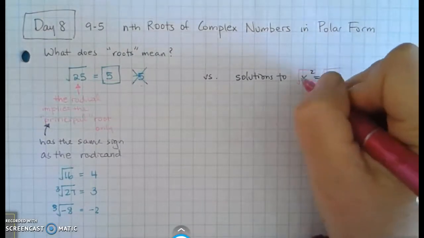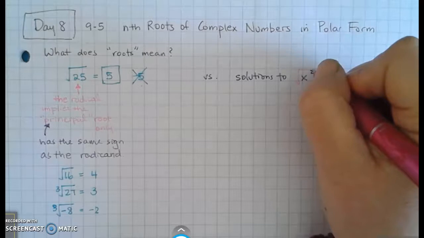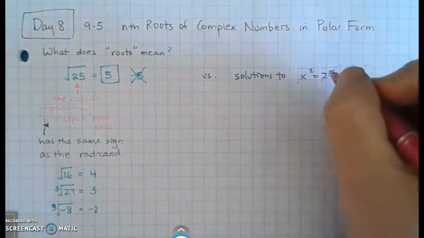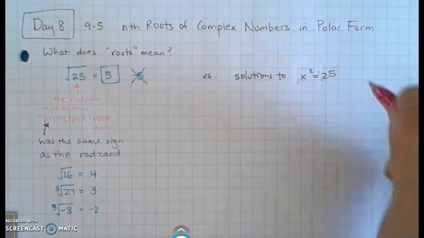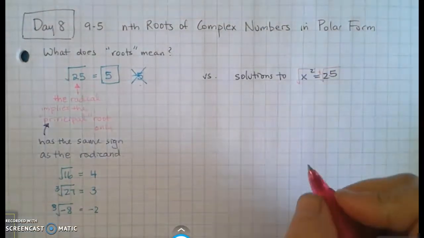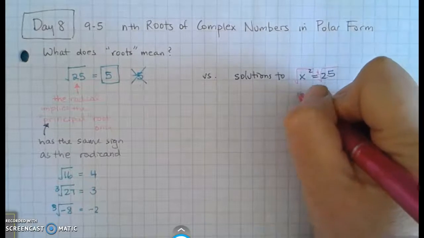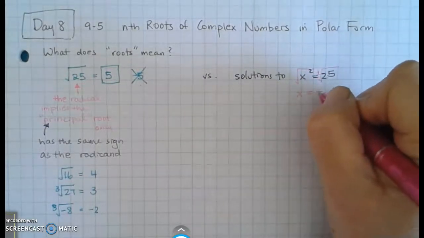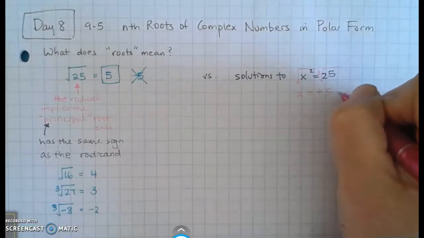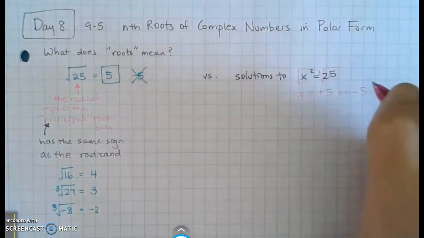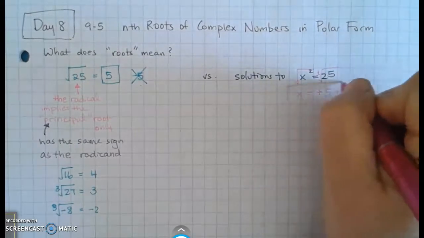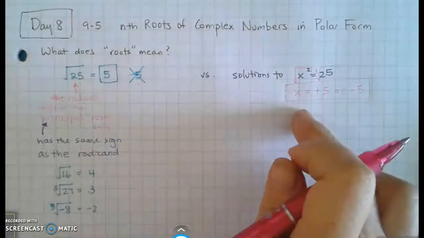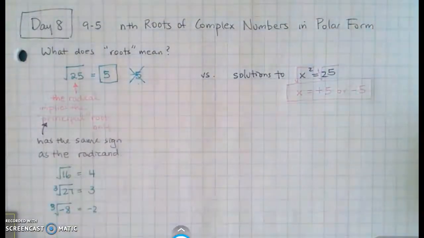Remember, when we take the square root of both sides, square and square root cancel out, and you have to remember there's a plus or minus sign right there. So then the left-hand side simplifies to x, which is equal to plus or minus 5. So we actually end up with 2 solutions. There is a difference between this situation and this situation here.